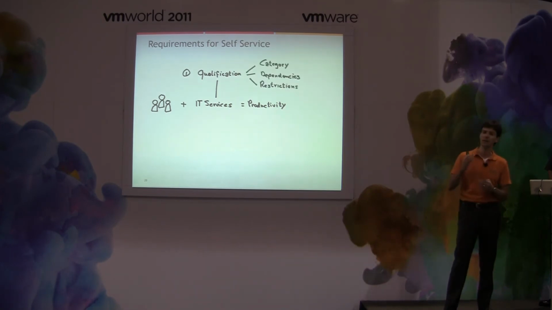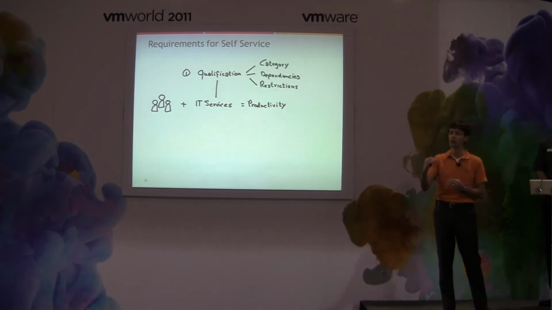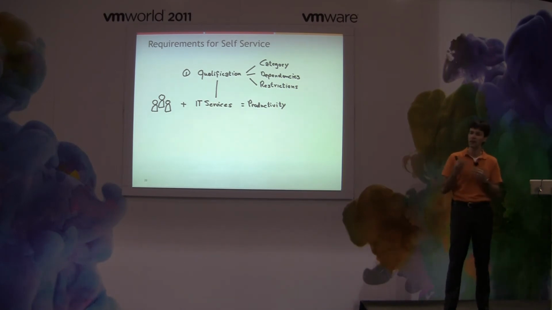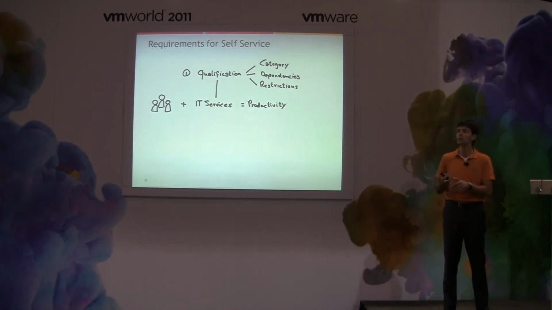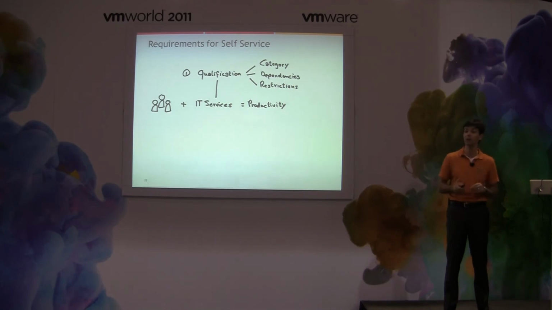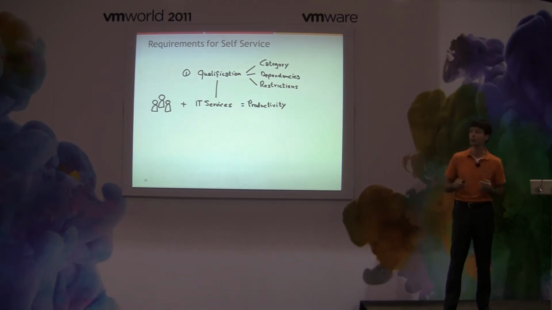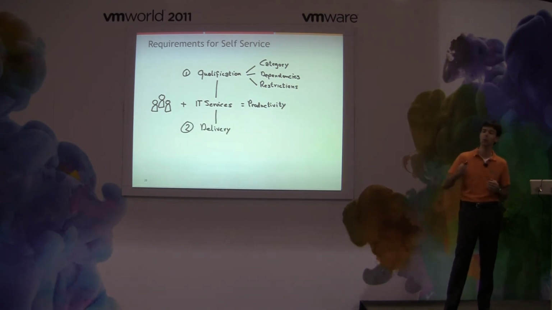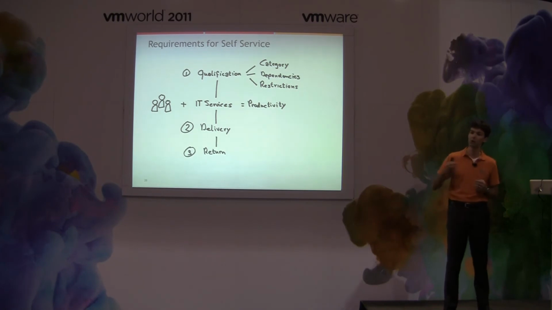So we think that being part of a category in your organization, taking into account that there might be restrictions or dependencies for that IT service, you will be able to qualify people for IT services. Only then you can deliver a personalized service catalog. Once you know if they qualify, you can determine how to deliver or return these services. And you need to configure a few actions.